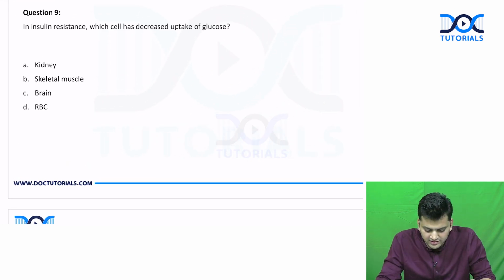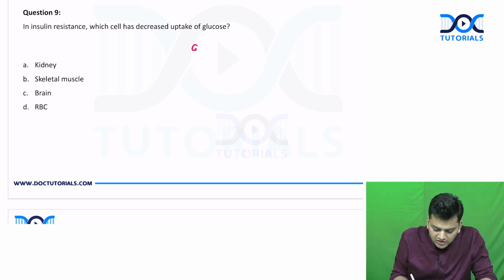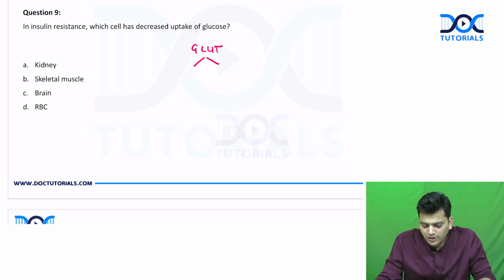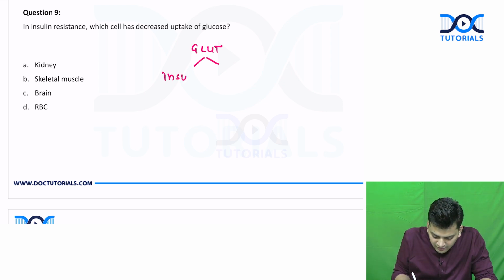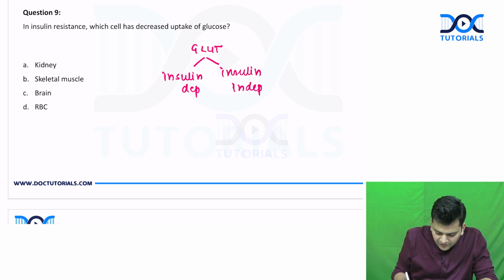In insulin resistance, which cell has decreased uptake of glucose? See, to take the glucose, we have the glucose transporter, that is GLUT. The GLUT transporter we can divide into two categories, the insulin dependent and insulin independent. The insulin dependent is GLUT 4, 8 and 12.